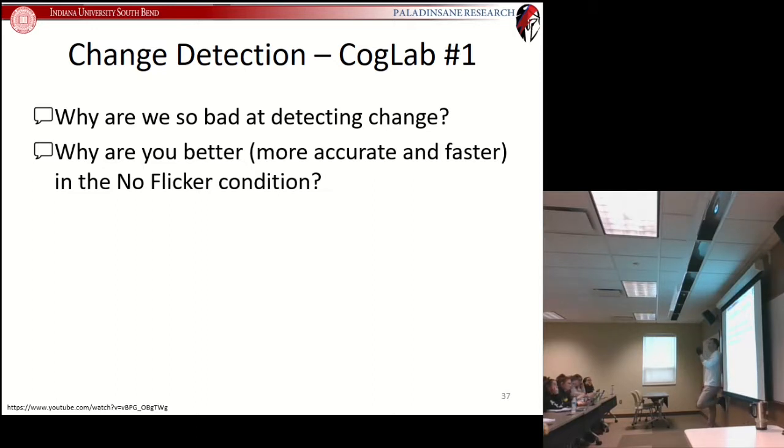So in the no flicker condition, that immediate change between the two pictures triggers our motion processing systems, our motion detectors. And that is something we dedicate a lot of processing power towards, because in our environment, motion is very, very important.